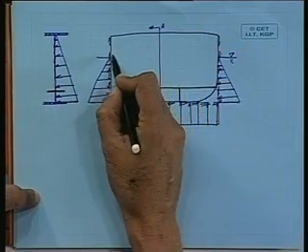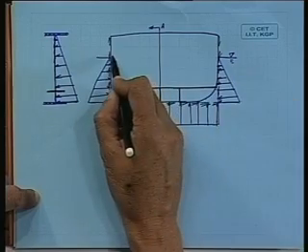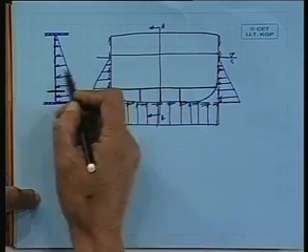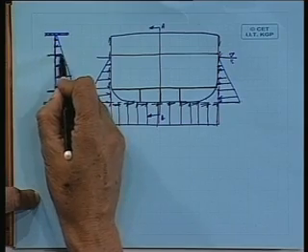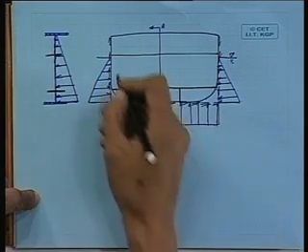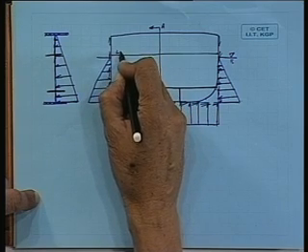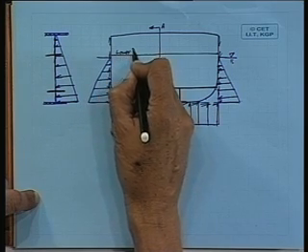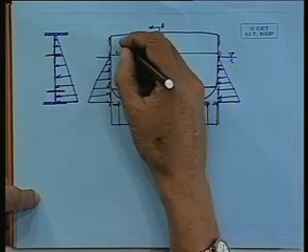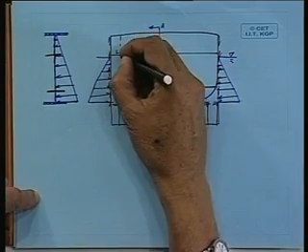Maybe you can have some sort of an intermediate deck, say some lower deck, and then there are stiffeners provided to this plate here.